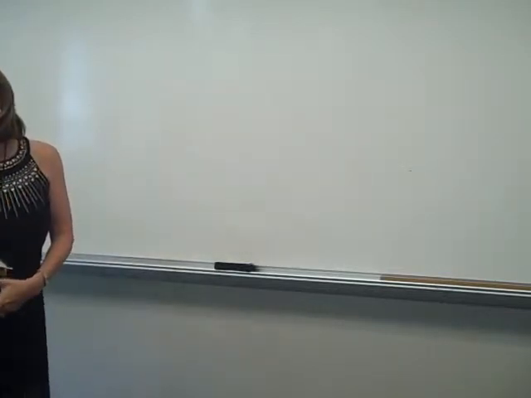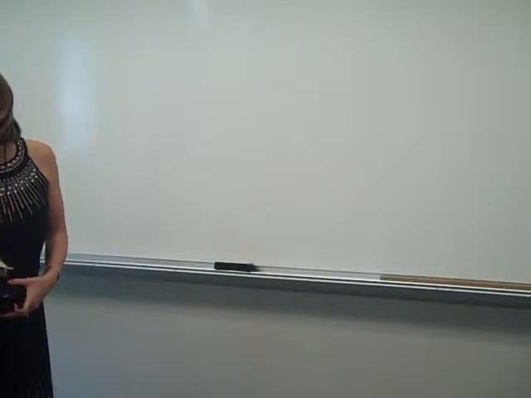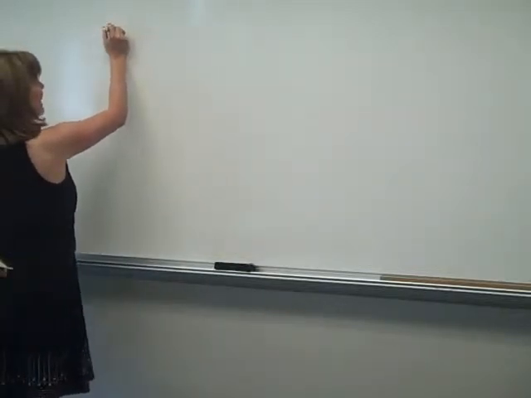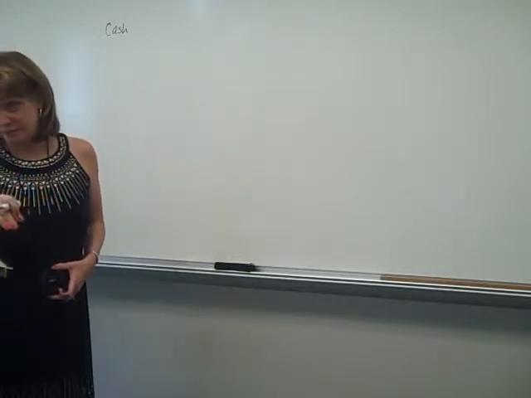Okay, so the first thing that it says, I'm just going to go one step at a time. On January 1st, investing, so it would be debit cash. This is all in local currency units, not in dollars.